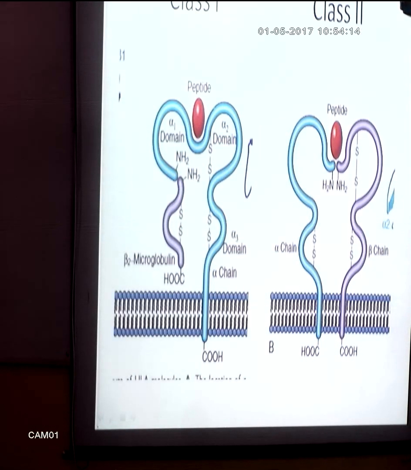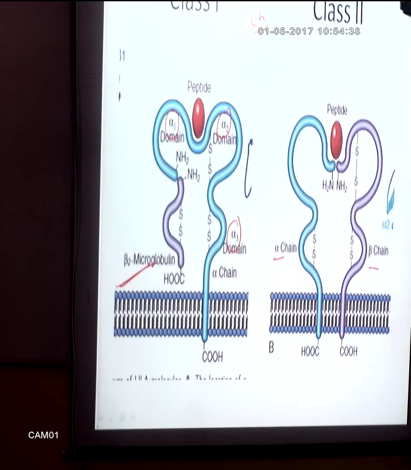What they have added now is one more chromosome, one extra chromosome. Class 1 and Class 2 MHC, the structure is different. You have alpha 1, alpha 2, and alpha 3 domains and a beta 2 microglobulin in Class 1. In Class 2 you have alpha and beta chains.